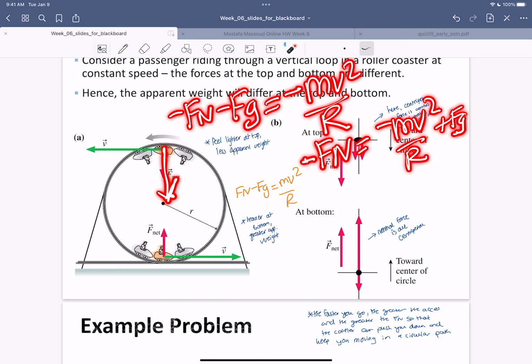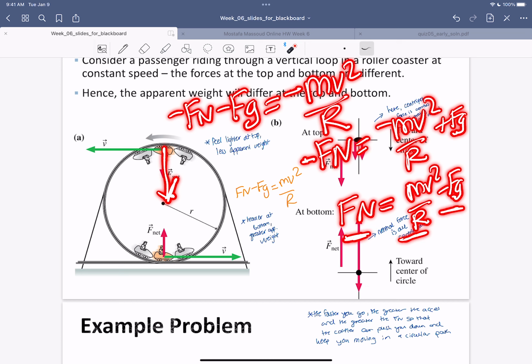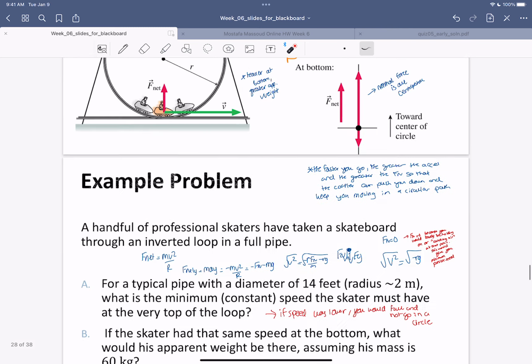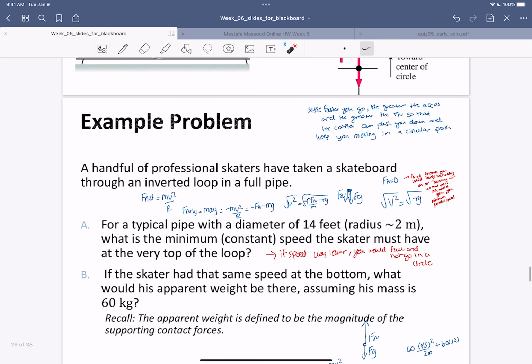Then if we divide by the negative sign, we get that Fn is equal to mv squared over r minus Fg. So this force minus the force of gravity means we're going to get a smaller normal force. If this was 40 and this is 30, then we get 10 here. So you feel lighter at the top, heavier at the bottom. And that's pretty much almost always the case.